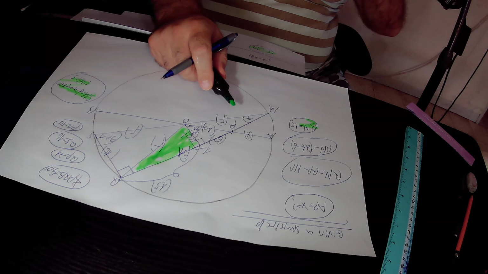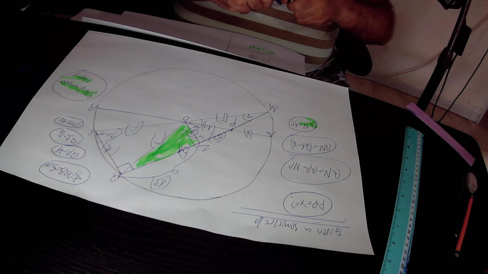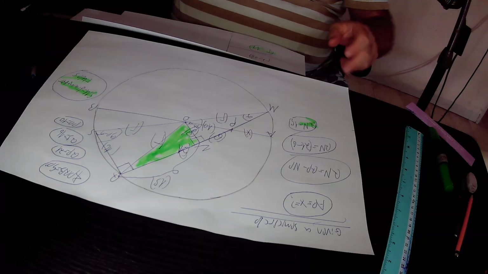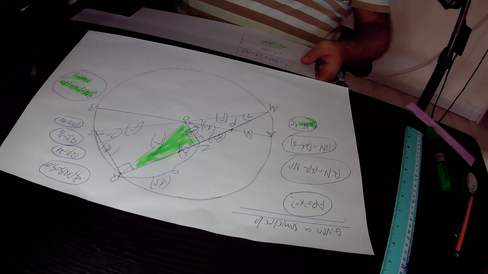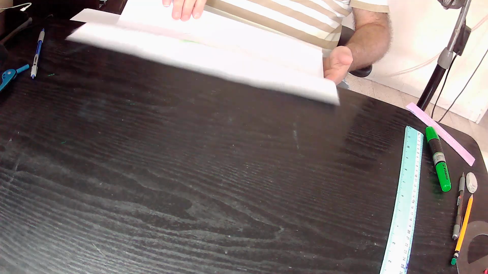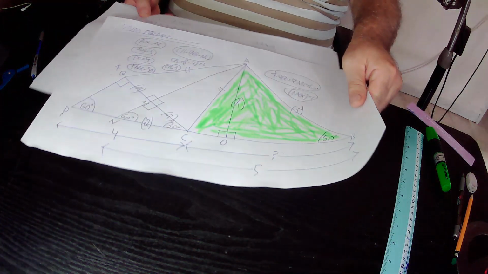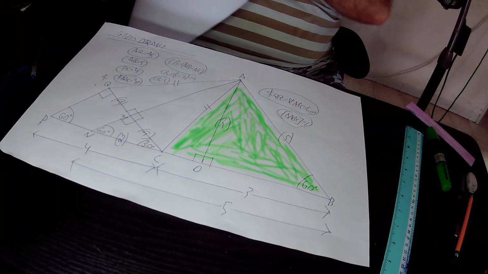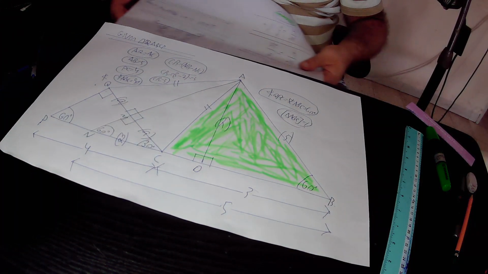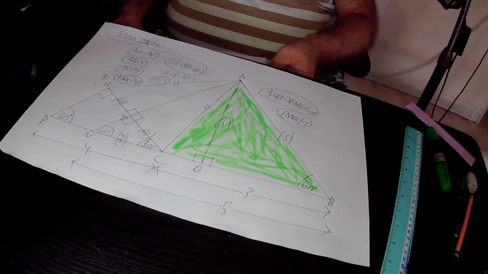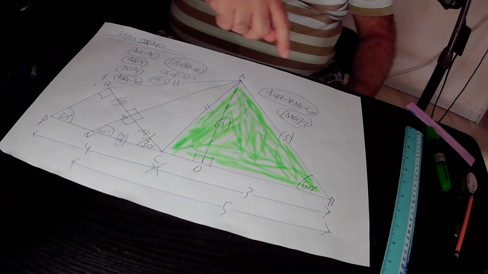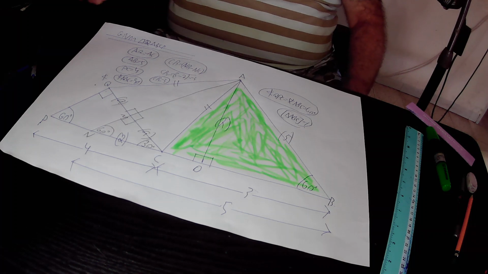We'll start with the first question, of course. Our task in the first question is to find the area of this green triangle, triangle ABC.